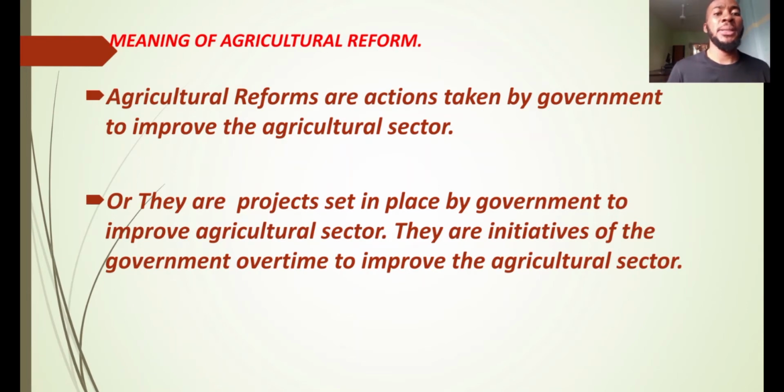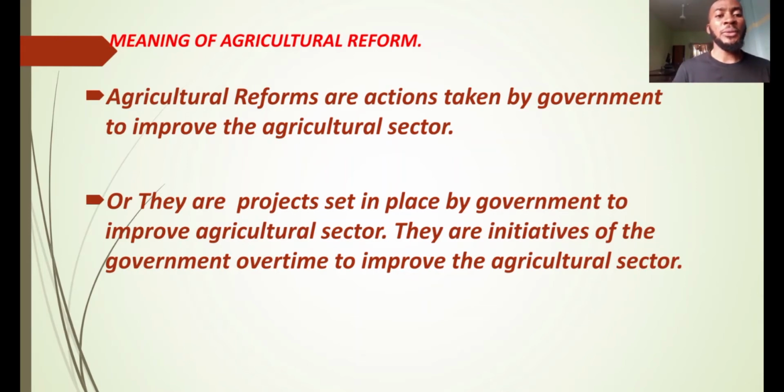It could be initiatives, it could be visions written down, it could be plans of the government over time to improve the agricultural sector. Now, what this definition is saying is that whatever government does to improve any of the components of agriculture, we have fishery, we have forestry, we have crop farming, whatever government does to improve the level of the growth of each component is called agricultural reform.